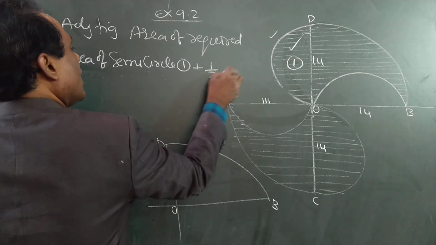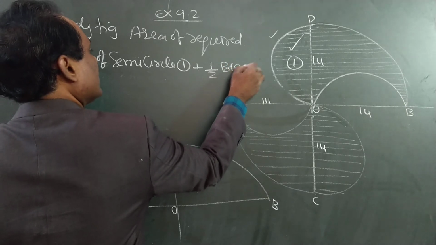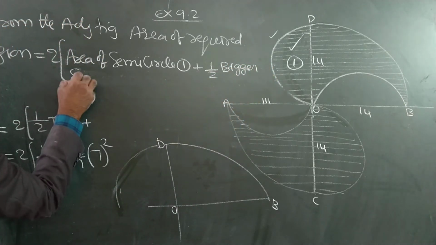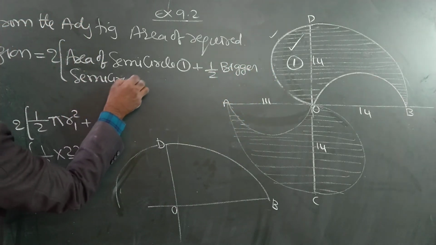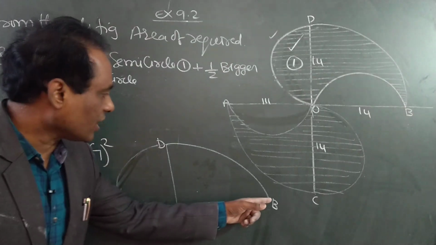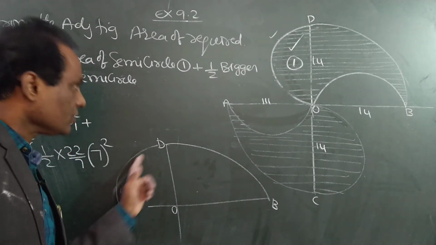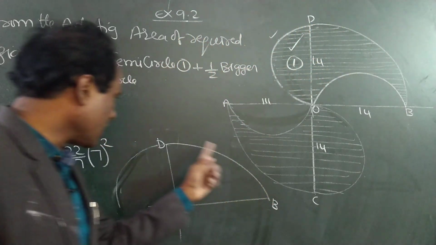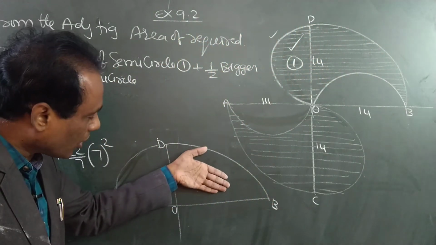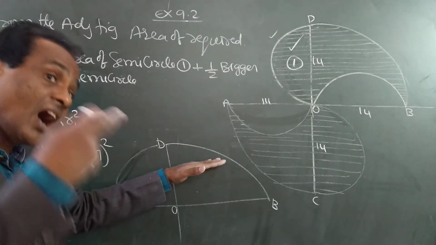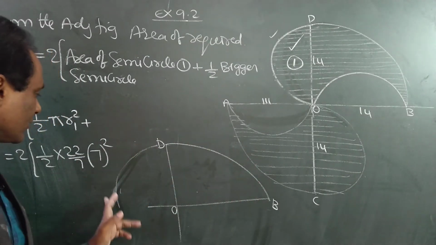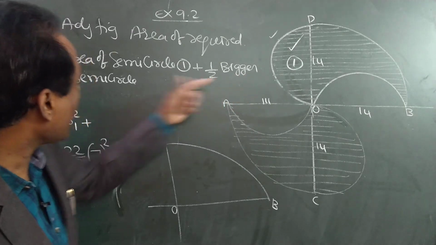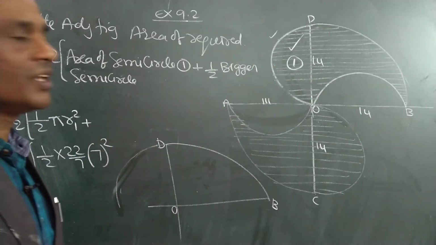This is a semicircle, this is half of the semicircle, plus half of the bigger semicircle. Suppose we call it the bigger semicircle. If it is extended here, it will become a semicircle, but it is only this part, so it is half of the bigger semicircle.